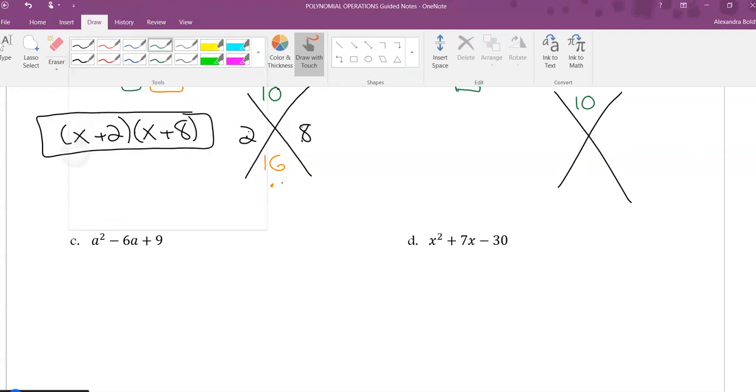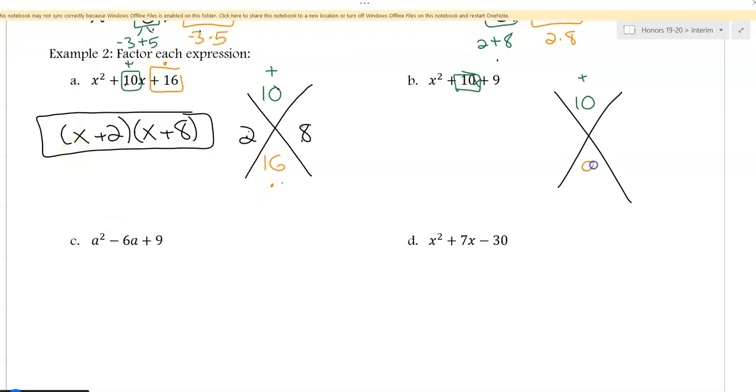Always do your multiplication first, right? Infinite number of things add up to 10. Okay? So always think about your multiplication first. Order does not matter. I could put this as x plus 9 and then x plus 1, and that is fine.